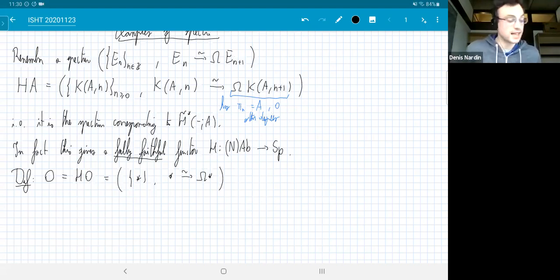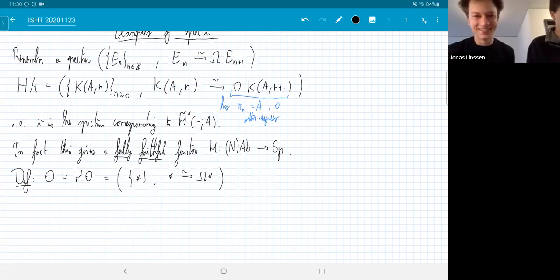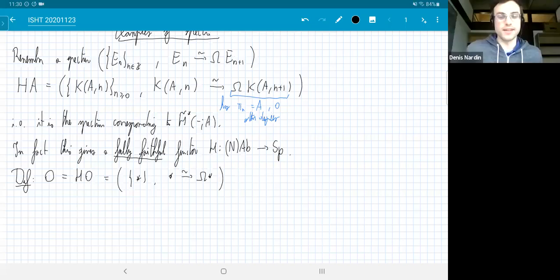Because a nerve, as will be an exercise in the exercise sheet, is actually a fully faithful embedding inside infinity categories. So you really don't lose anything. Okay, thank you. No, but okay, if you want, the mapping space between two Eilenberg-MacLane spectra is discrete and given by, or homotopy equivalent to, the Hom set of the corresponding abelian groups. I haven't proved it yet. We will, but as a consequence.